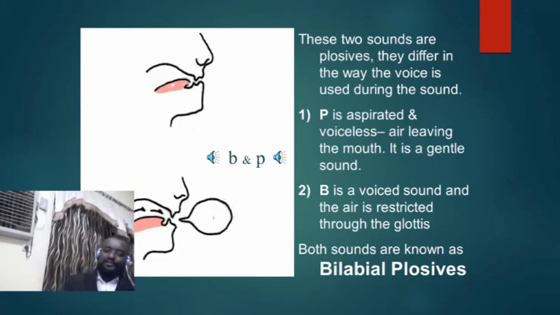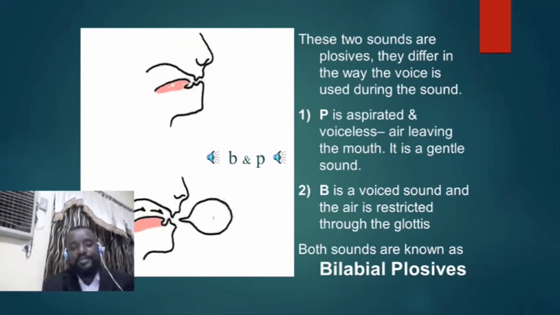I know only these two differences. Thank you. So first of all, these two plosives differ in the way the voice is used during the sound.